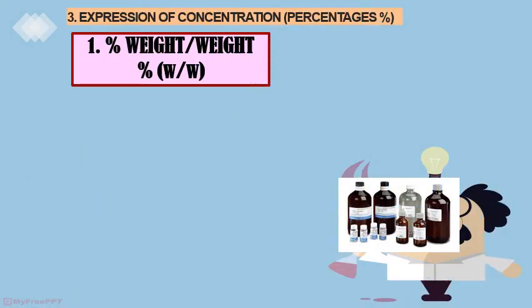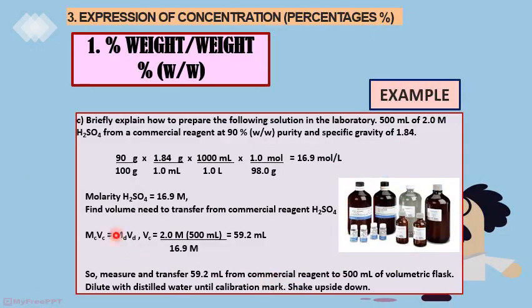Now look at another example on percent weight per weight. Briefly explain how to prepare the following solution in the lab: 500 ml of 2.0 molar sulfuric acid from a commercial reagent at 90% weight per weight purity and specific gravity 1.84.